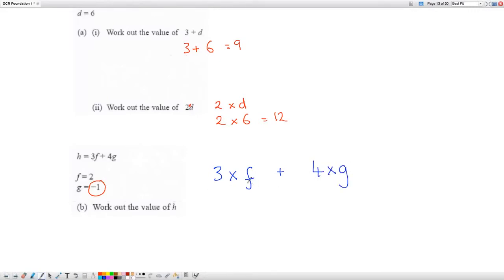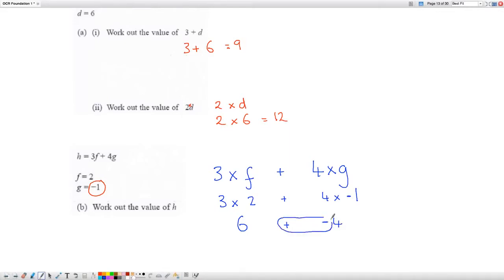Remembering BIDMAS, we're going to do our multiplications here and here first, then add last. So we have 3 times 2, f is 2, plus 4 times negative 1. 3 times 2 is 6, add 4 times negative 1 is negative 4.